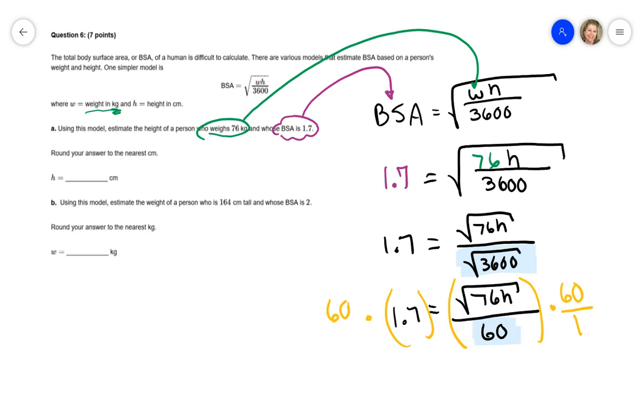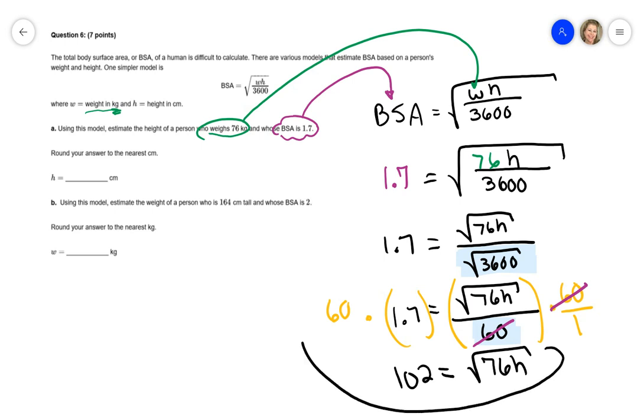And then I can cross cancel 60 into 60. And then on the left, 60 times 1.7 actually gives me 102. And then you're just going to be left with the square root of 76h.